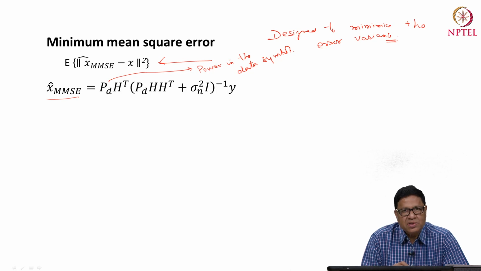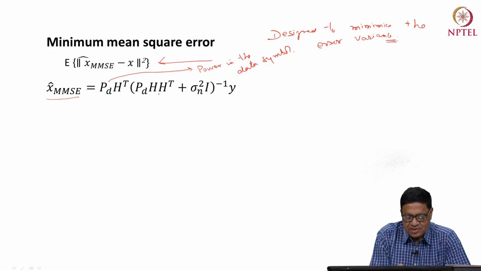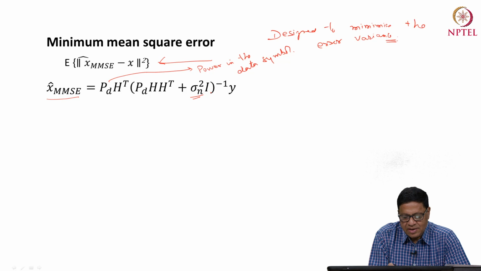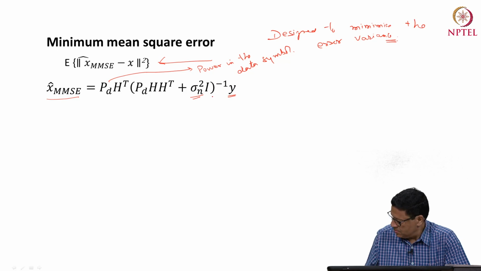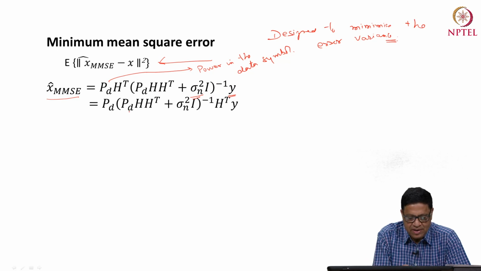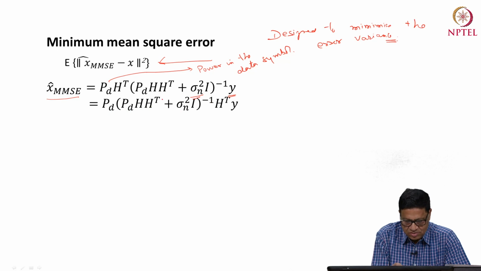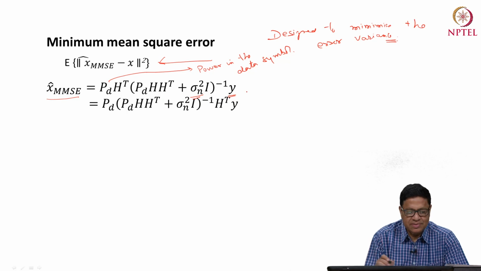I have used transpose here because I am assuming that H is real and not complex. If it is complex, then it will be replaced by the Hermitian, into PD H H transpose plus sigma n square times the identity matrix, the total thing inverse. The same thing can be manipulated and written in a different form, which is PD into PD H H transpose plus sigma n square I, whole thing inverse, H transpose Y. So both expressions are equivalent.